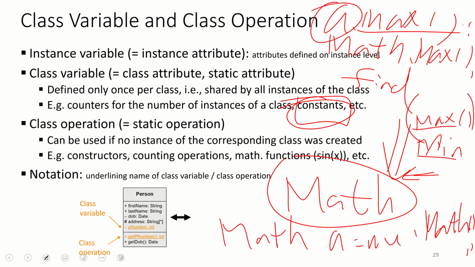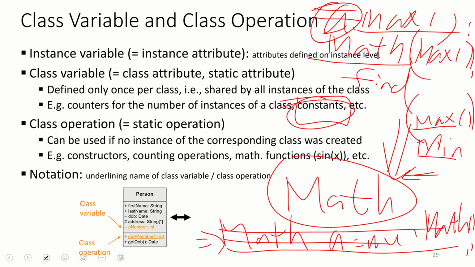So that means we can use the class to call the static method. It saves us one line. So this line is not necessary. We just use the class dot max method to return something we need. Okay, so this is very important.